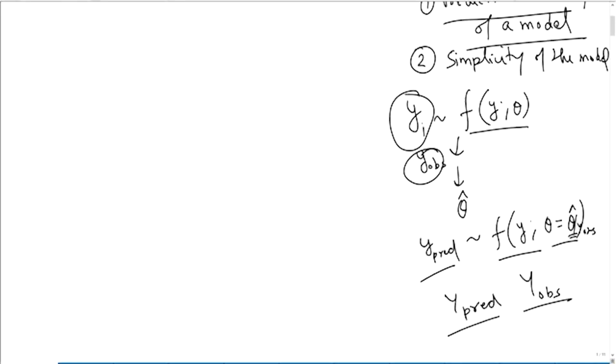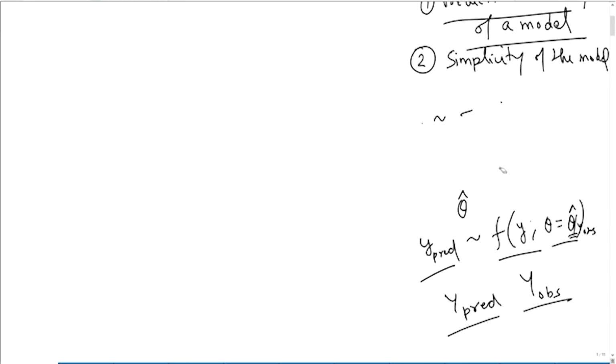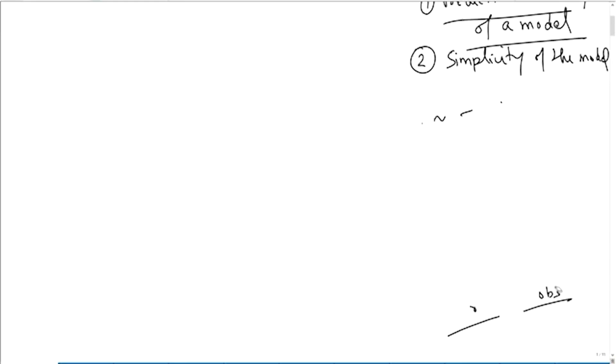Okay. In the Bayesian framework, this approach will become the posterior predictive check. How? Let us think about a Bayesian model and see how the same approach would work in the Bayesian framework. So let us say this is your model. You are interested in, hypothetically, modeling an outcome yi.